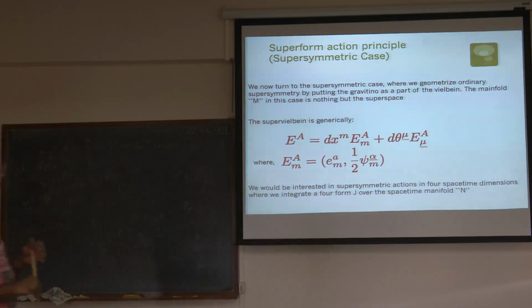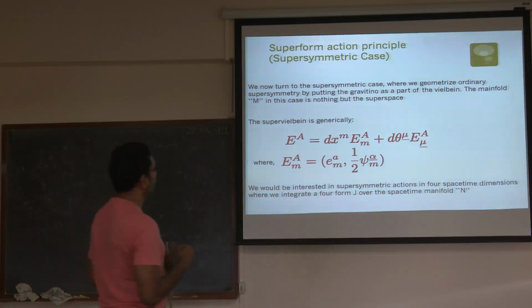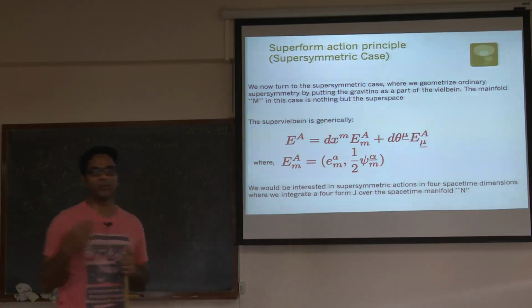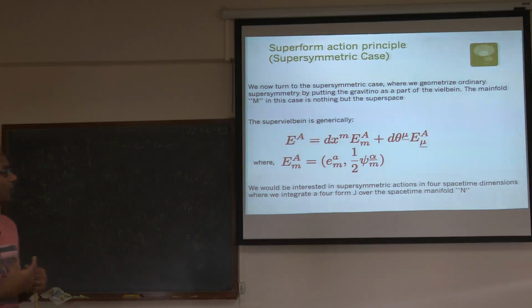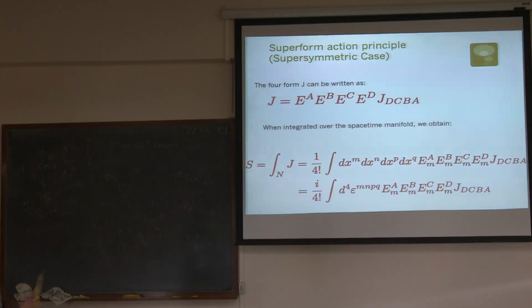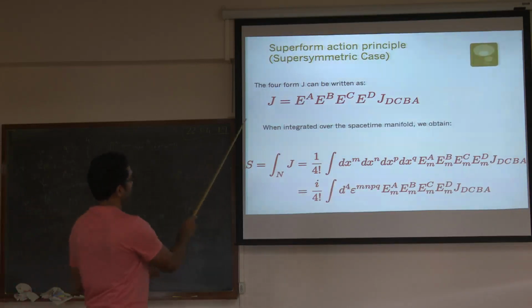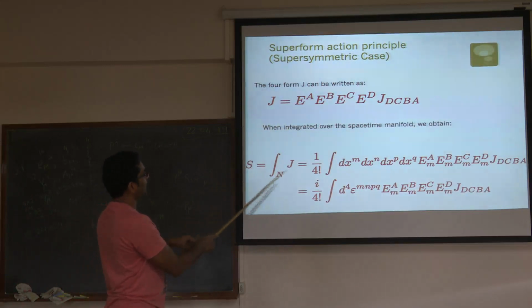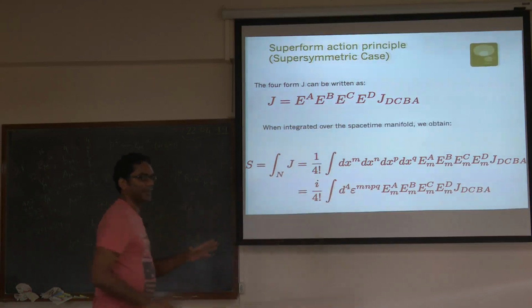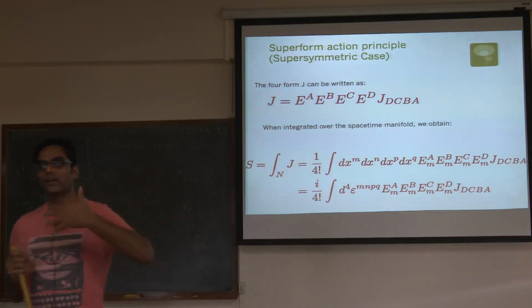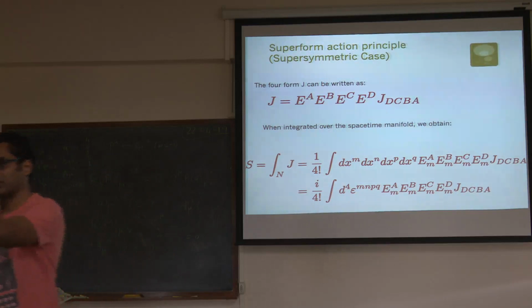We would be interested in supersymmetric actions in 4 space-time dimensions, where we integrate a 4 form over the space-time manifold. So we would like to integrate a 4 form like this over the space-time manifold. These E^A, E^B, E^C, E^D, etc. had legs along the space-time direction as well as the superspace direction.